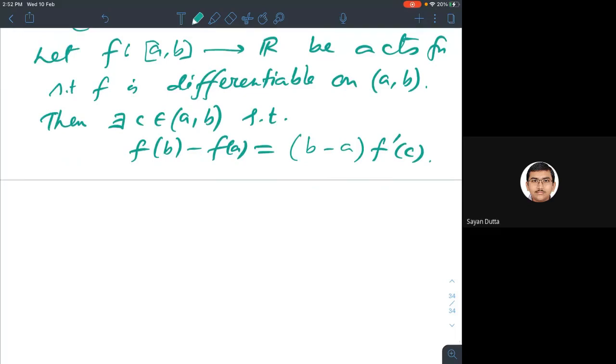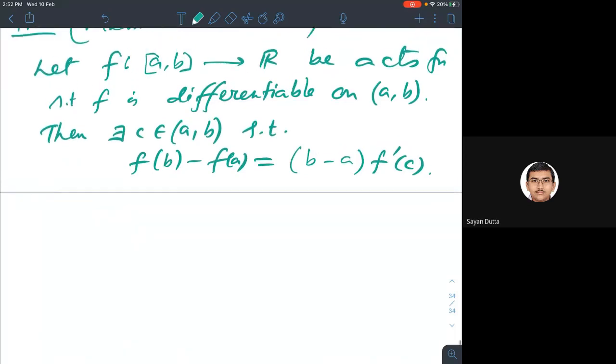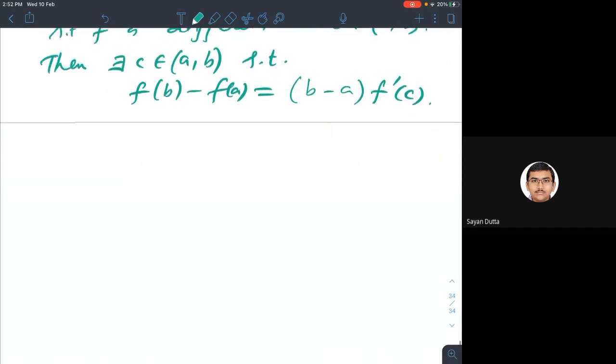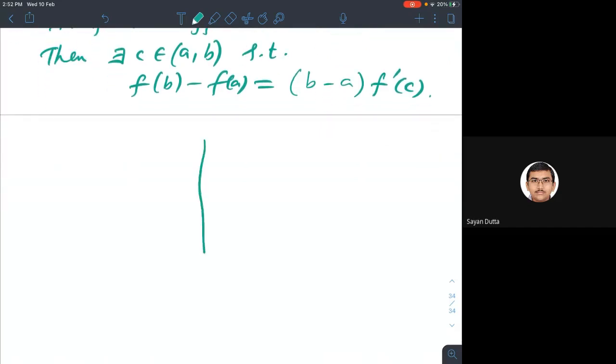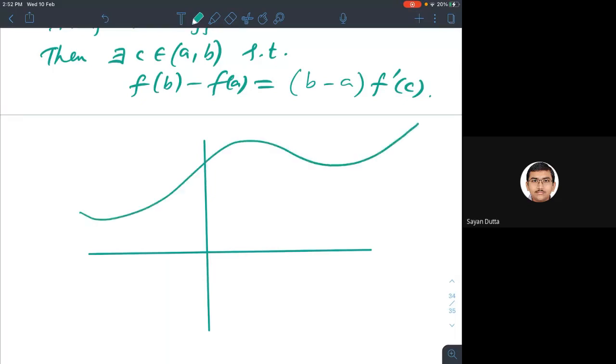So let me just draw a picture before going into writing the proof. Suppose we have a function like this, and a is here, and b is here.